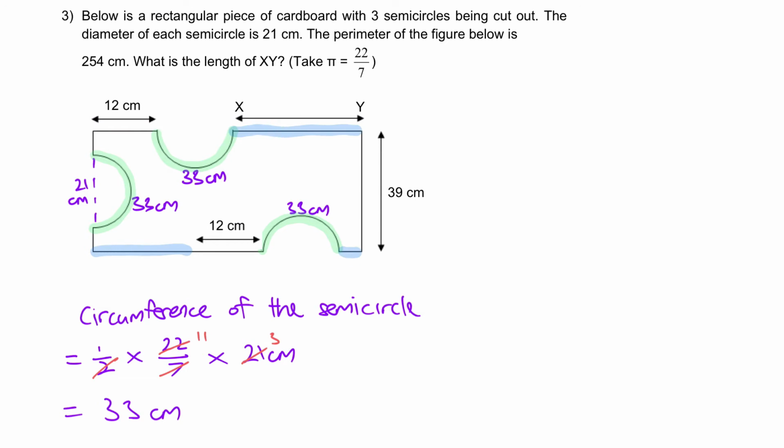Knowing this fact, how can we proceed to find the length of xy? Well, it will be easier if we just take the perimeter 254, this entire perimeter. We subtract everything away until we are left with this xy and this xy. After that, we just need to divide by 2. Let's do it step by step.